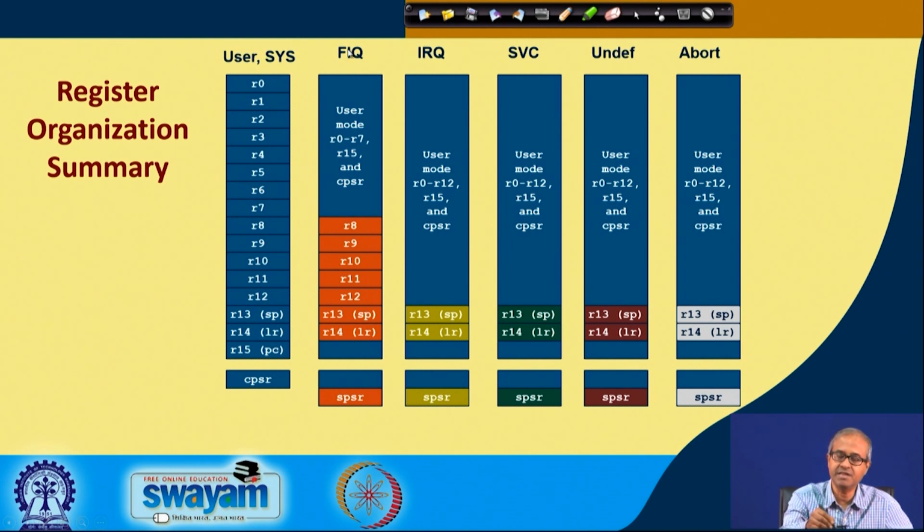Like here, when you are writing the FIQ interrupt handler, you are allowed to use only the registers R0 to R7 of the user mode, and these are the specific registers which you can use. They will be automatically used in the FIQ mode, and they will not overwrite the original registers. You need not save and restore them. There is another copy of those registers in the register bank. Okay, fine.